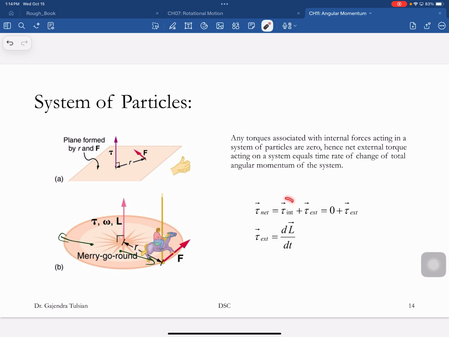So the net torque acting on a system is just the torque due to external forces. We can now write this equation explicitly as the torque due to external forces. External forces are what change the angular momentum of the system. Internal forces will not change the angular momentum of the system.